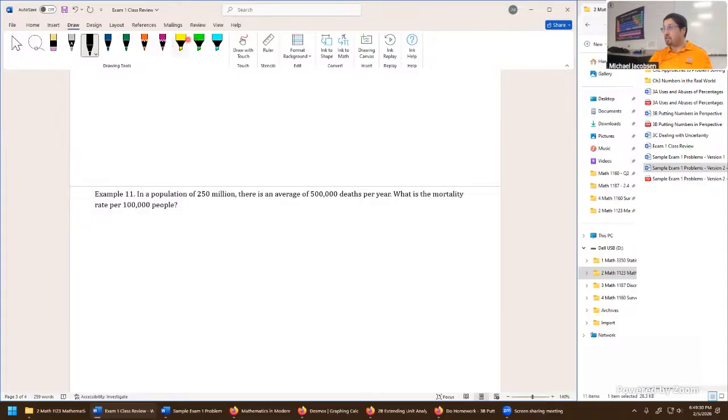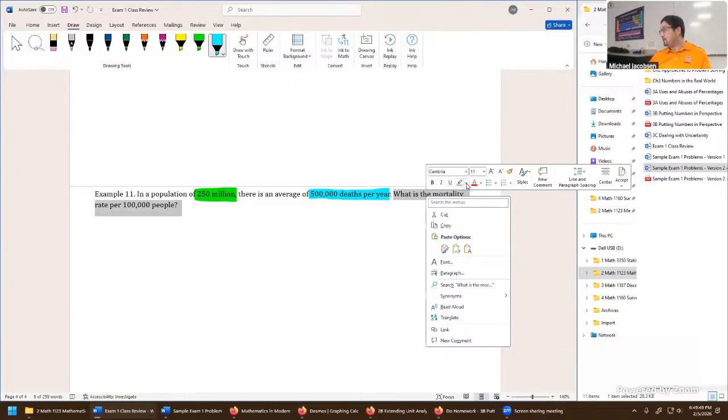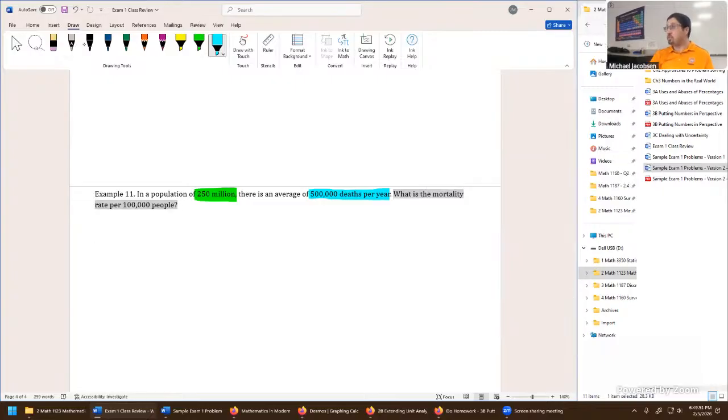First thing I would do to get started on this is just pull in this information. We have 250 million people, and there's an average of 500,000 deaths per year for those people. This one is then asking for the mortality rate per 100,000 people. So that's our overall question on this one.